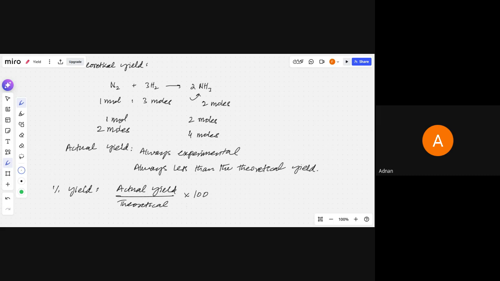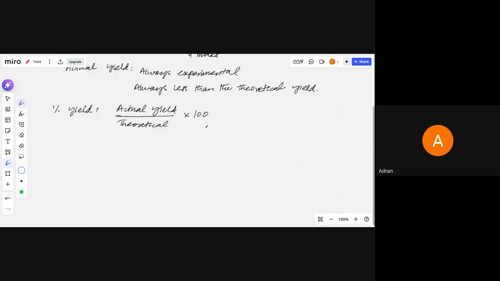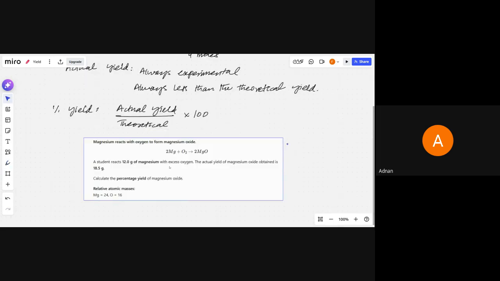So now let's see what type of questions we may get in the exam. I have this question. Let me just paste it quickly on the whiteboard, and let's solve it. Okay, so here we go.